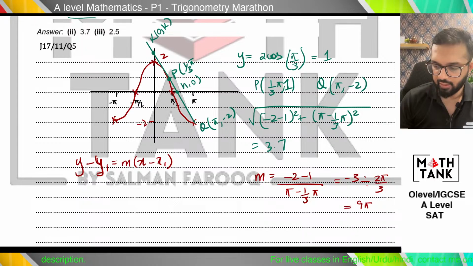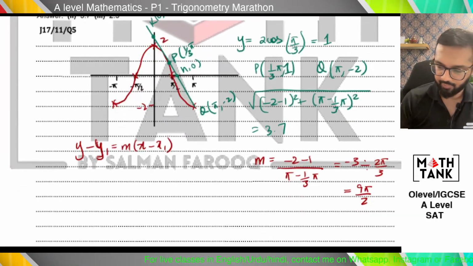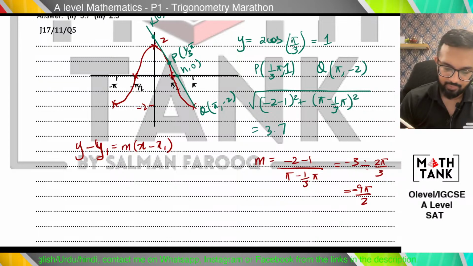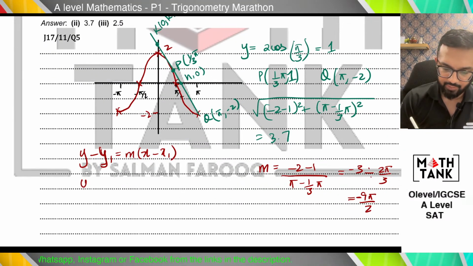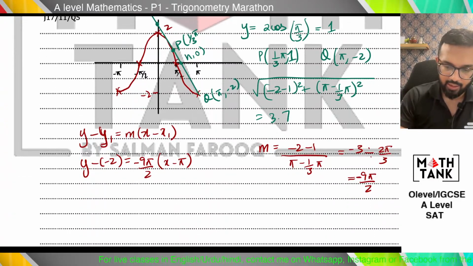So that's going to be 9 pi over 2, minus 9 pi over 2. And what points am I going to take? I'm going to take the easier set of points. I'm going to use minus 2 and pi. So if I want to show you h, what I'm going to have to do is take y as 0.